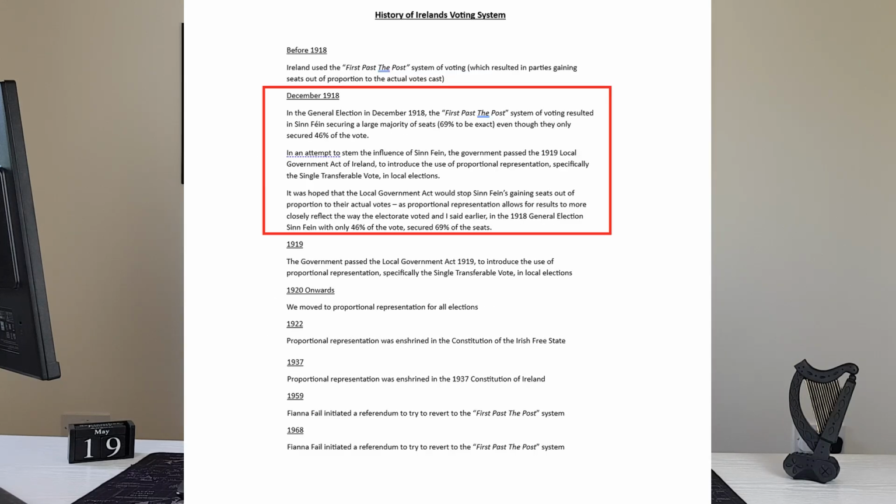As I said, prior to 1918 we used a voting system called first past the post. But in the general election in December 1918, this system of voting resulted in Sinn Féin securing a large majority of seats, 69% to be exact, even though they only secured 46% of the vote. So, in an apparent attempt to stem the influence of Sinn Féin, the government passed the 1919 Local Government Act of Ireland to introduce the use of proportional representation, specifically the single transferable vote in local elections.